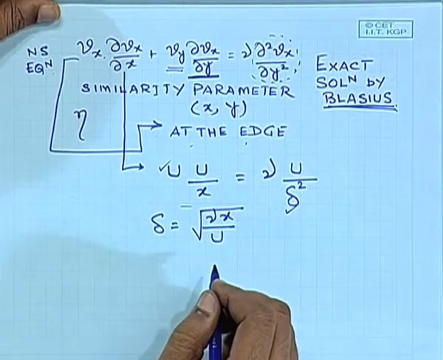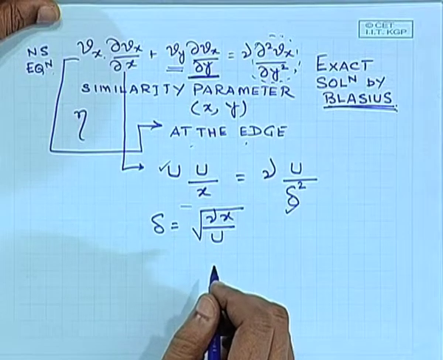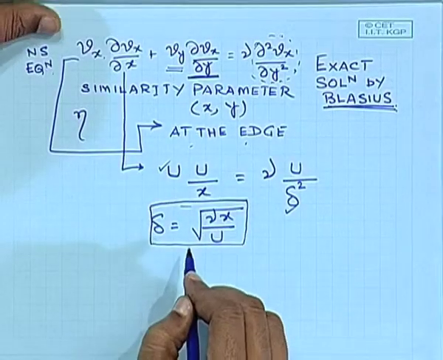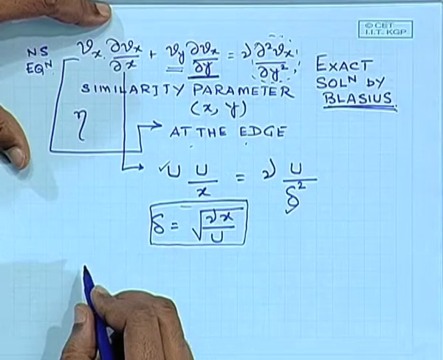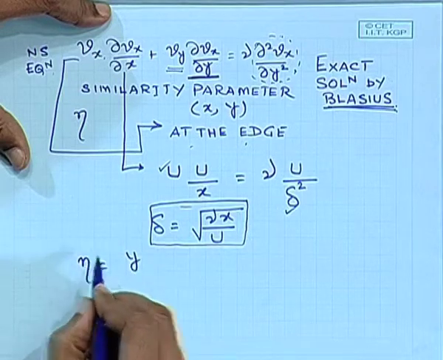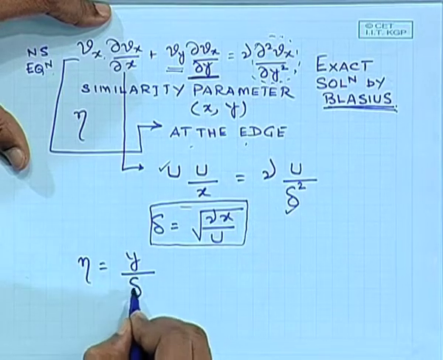Whenever you are trying to find a similarity parameter, see if the governing equation can be simplified or written in difference form at any of the edges. Here we are using the edge at y equals infinity, which in practical terms is y equal to delta. So, this is a relation which we are getting, and the dimensionless form of eta, which is a similarity parameter, is y by delta.